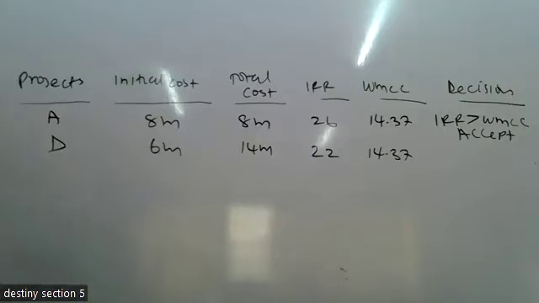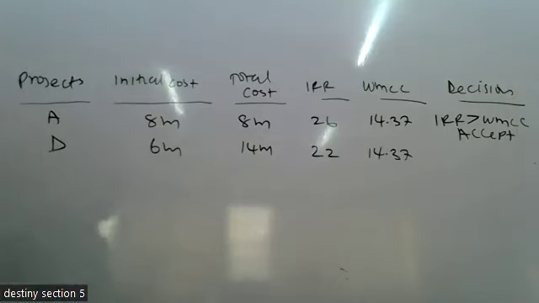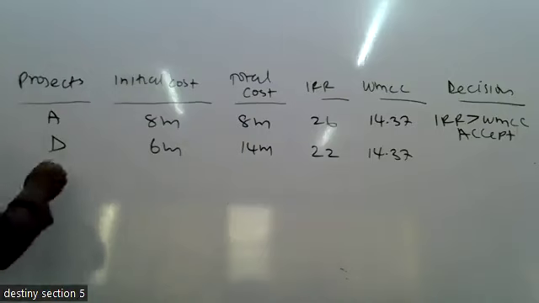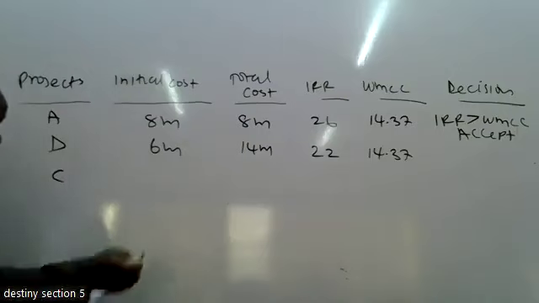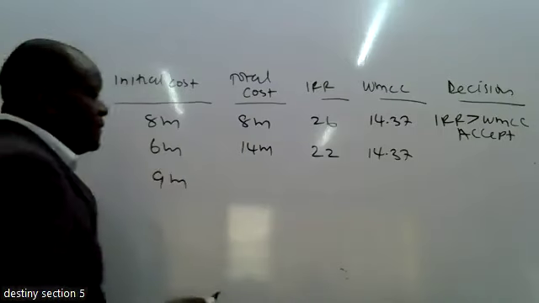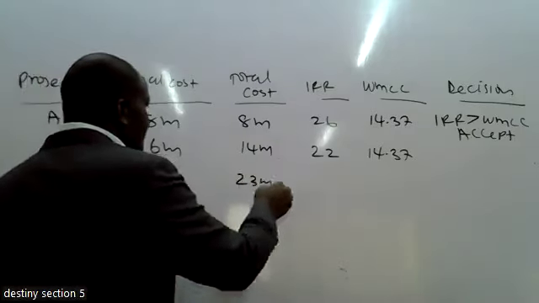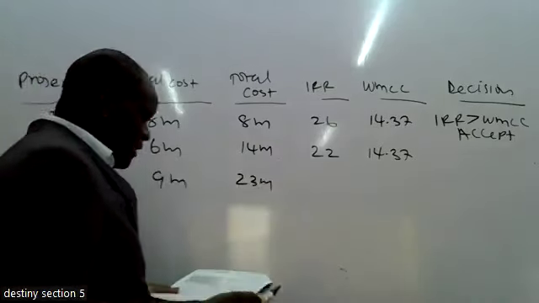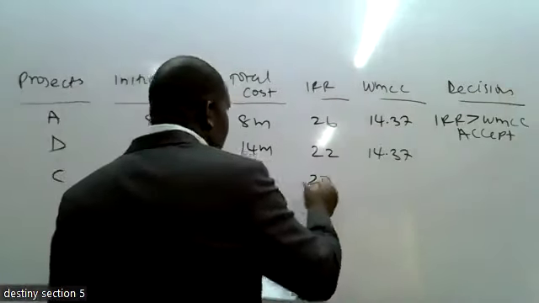We go to the next round, which is supposed to be which project? C had an initial cost of 9. So total cost will be 23. So IRR is given as 20.